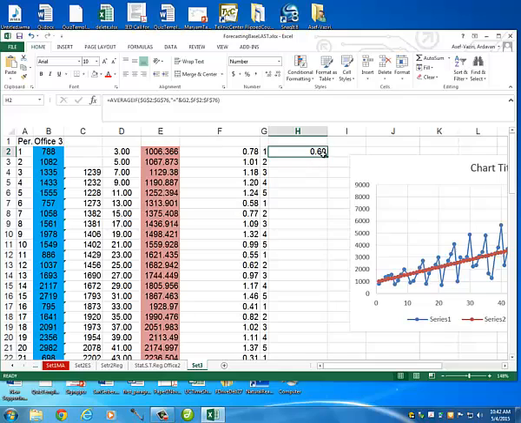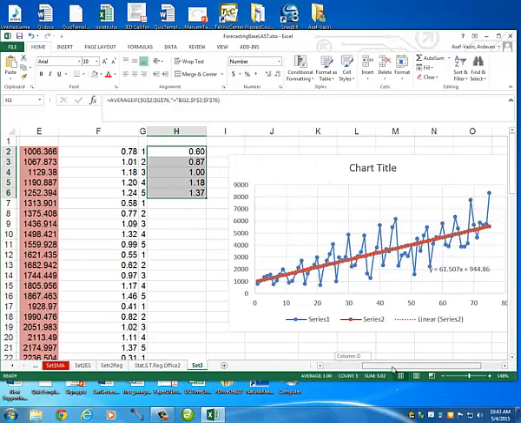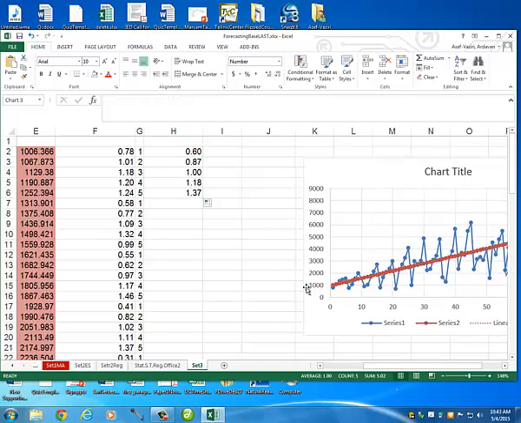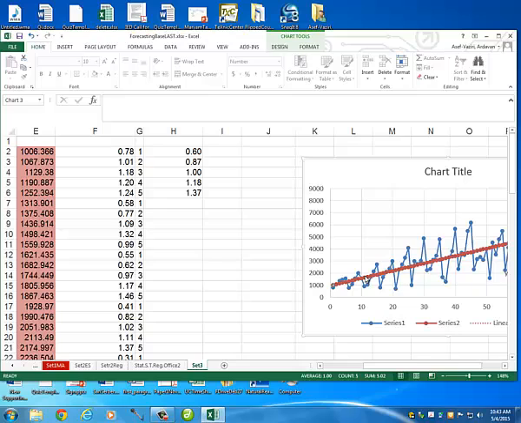Now if I copy it down, 1, 2, 3, 4, 5, this is the average for all those periods. This is a better way, an easier way. Now I have the averages, right? And I also have the trend line. All I need now is to put back the seasonalities over the trend line.